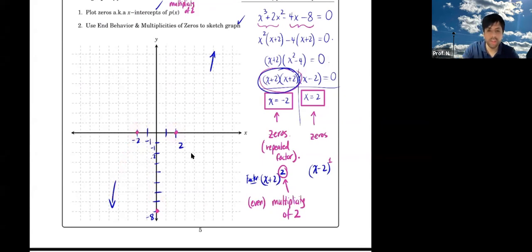So then what's the only other way to satisfy these, this being the x-intercept? Does anybody know how I can satisfy this?